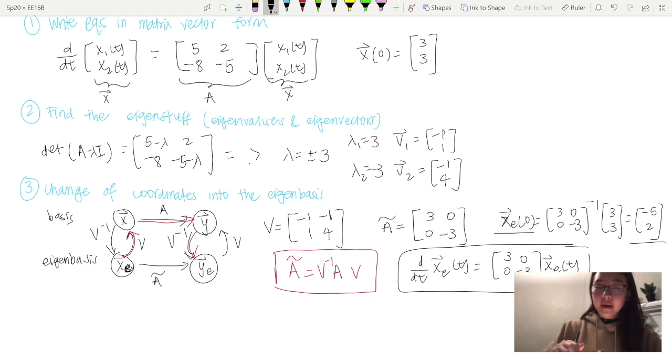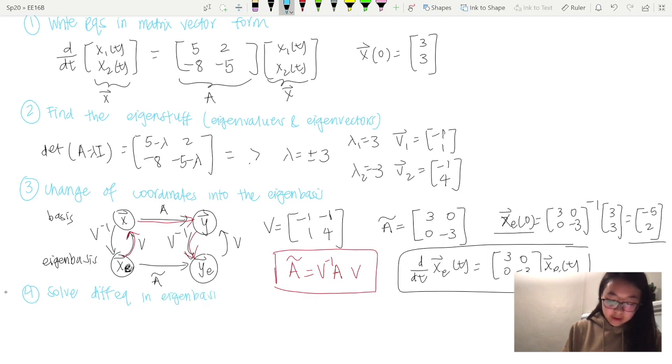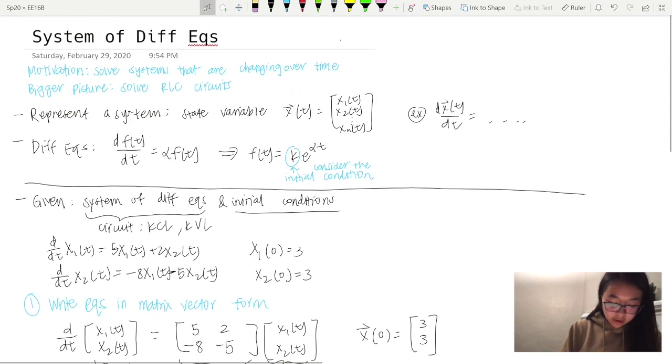So now we have our coordinates, including the initial condition, in the eigenbasis already. The next step is to solve the differential equation, because right now we still have the d/dt part in our equation. But we want to solve it in this eigenbasis. That's when we go back to using our common diff eqs, which is basically the exponential.